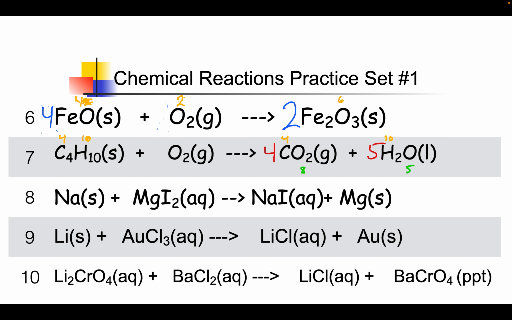If everything works out, except for the fact that you have an odd number, and if the carbons are balanced, hydrogens are balanced, and the only thing you're left with is one number, it's easy to do because you have an oxygen all by itself. You have this oxygen here on the right, that's 4 times 2, 8. 5 times 1, 5.